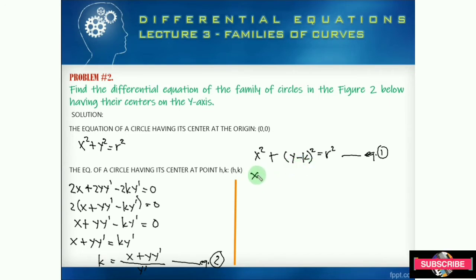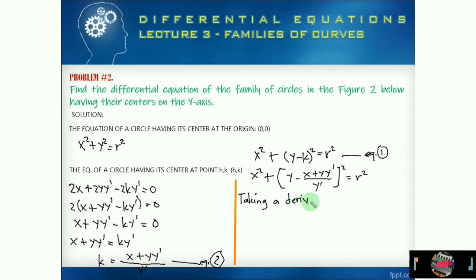So we have x squared plus the quantity y minus our k, which is x plus y prime over y prime, raised to the second power, equal to r squared. So taking the derivative again.